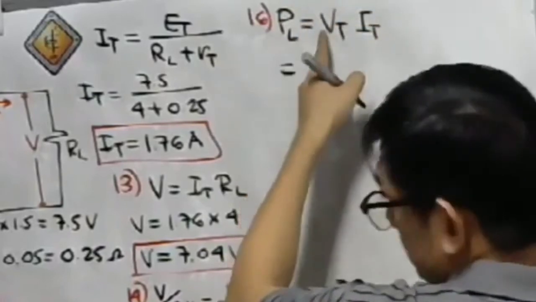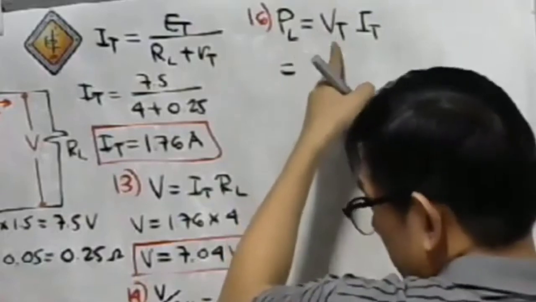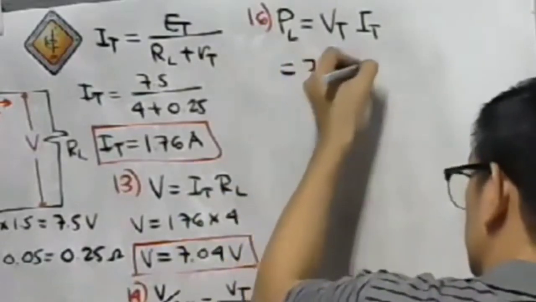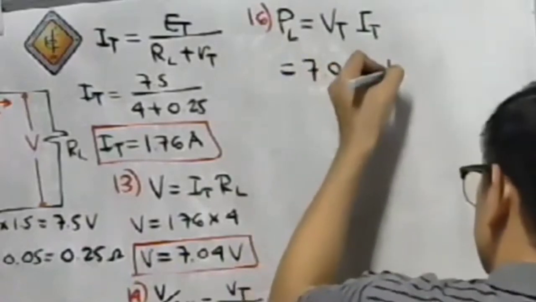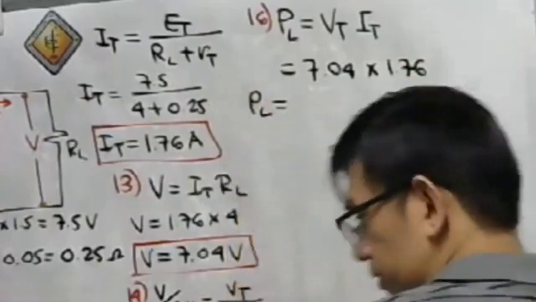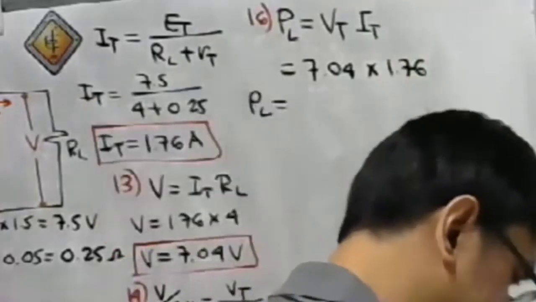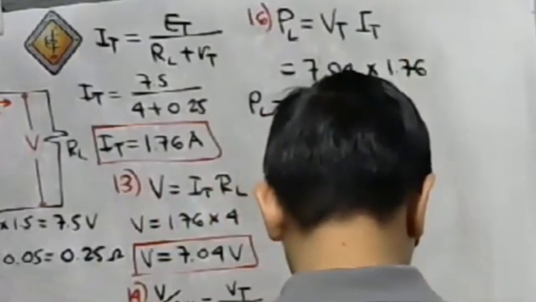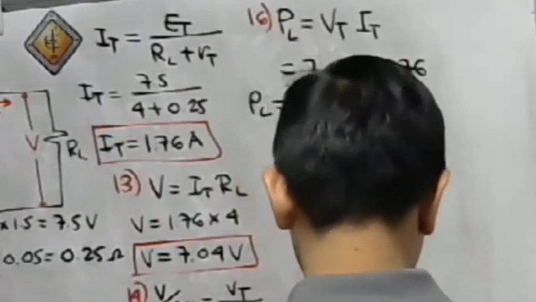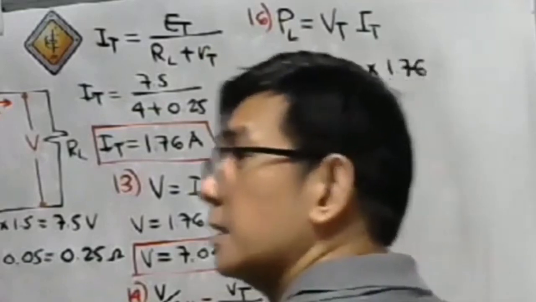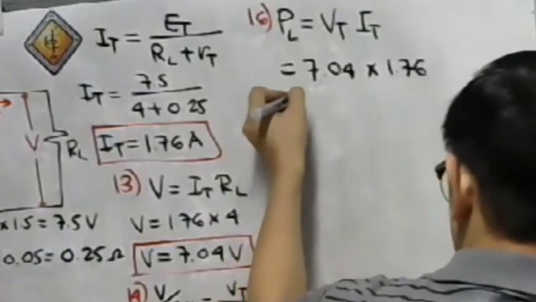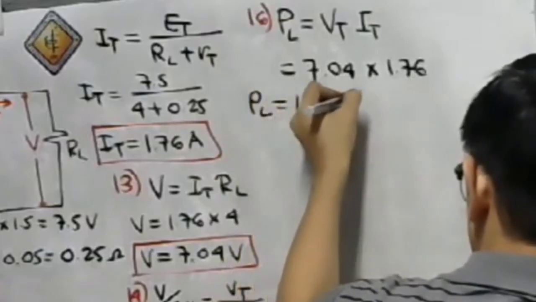Okay, that's basic. We have V total, 7.04, multiplied by I T, 1.76. So therefore, our P L is equal to 12.39.